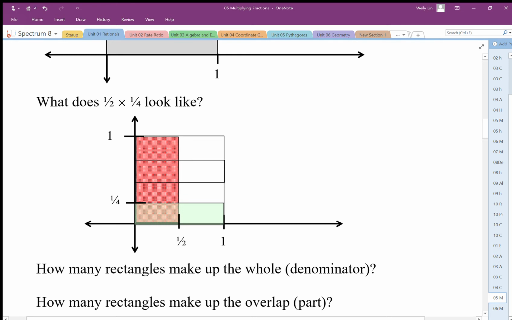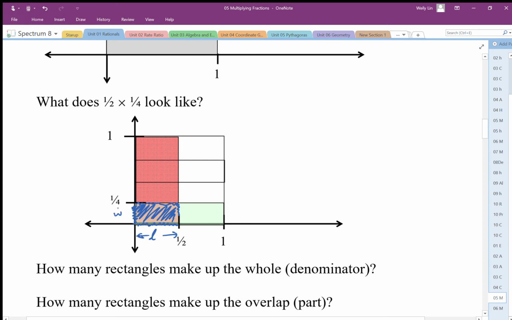Again, it's really important to understand that we're actually using the length here as 1/4 and the length here as 1/2. So the area, my answer to this fraction multiplication, must be this area in here. That area must be the answer to the multiplication. There's my length this way, length 1/2.